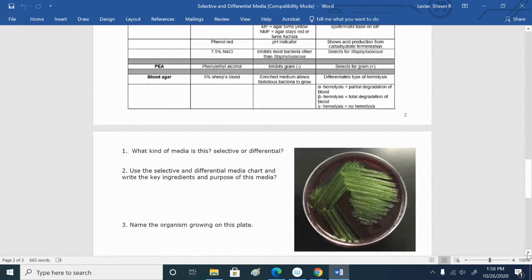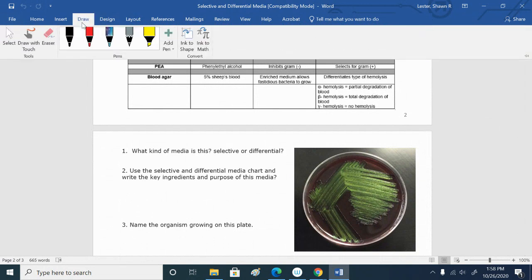So here we have an EMB plate. Is EMB selective or differential? It's both, right?